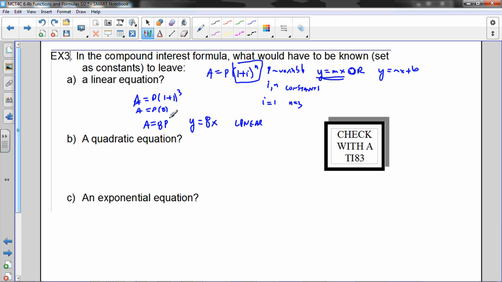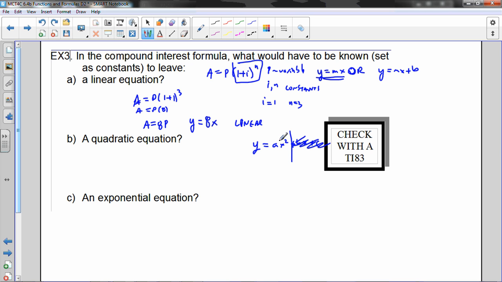Now a quadratic equation. We want to take this and end up with a quadratic equation. That's the general quadratic equation. Just like the linear model, we're going to chop off the end part and aim for that. If A is a value, then we're going to let P be a value.